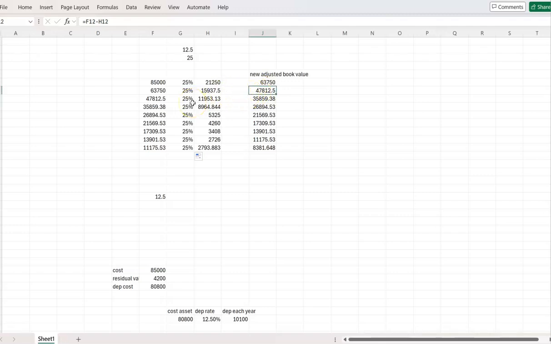And what is our residual value? It's 4,200. So then here's our new book value times 25%. Our new book value times 25%. Do you see how we continue to figure this out?